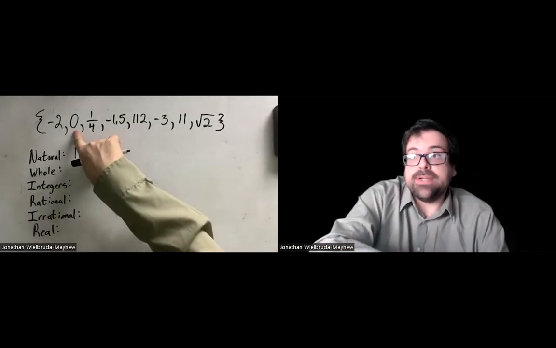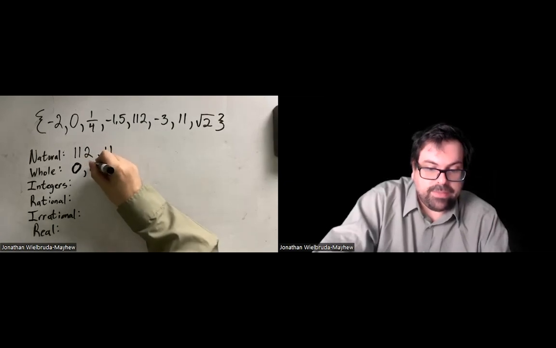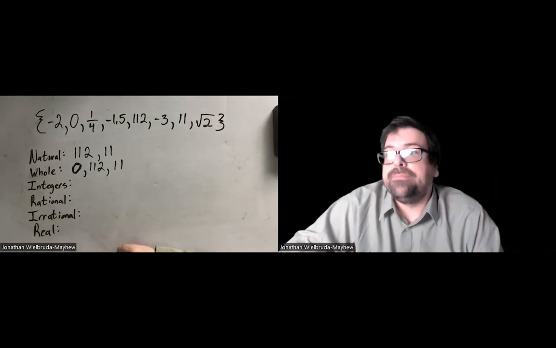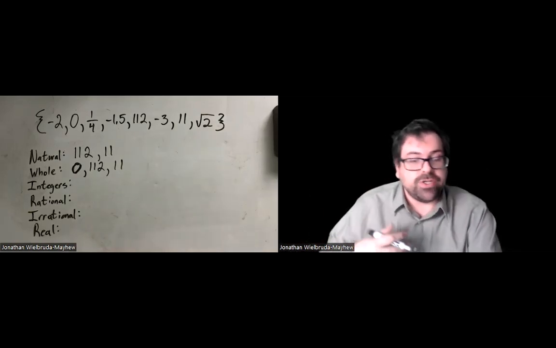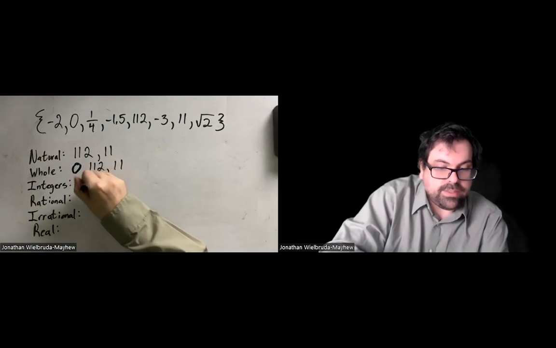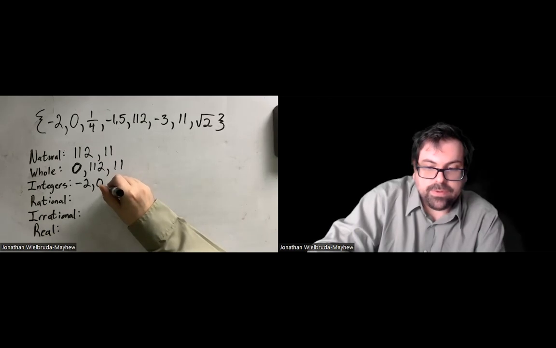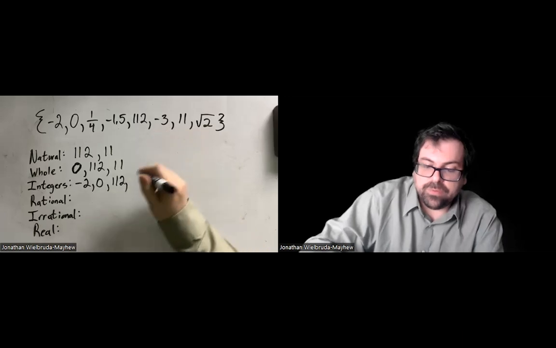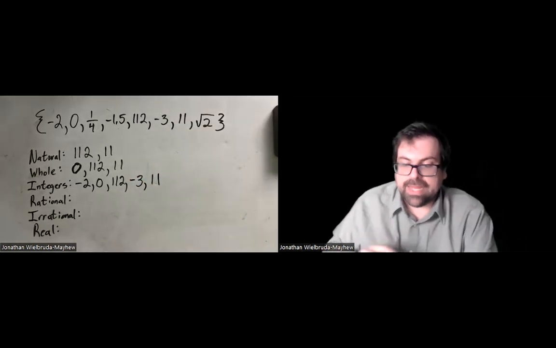And there is 0 in our set. So 0 is a whole number. And then our natural numbers, 112 and 11. If we take the negatives of the whole numbers and add those in, we get our integers. -2. We already had 0. We already had 112. -3. -3 is an integer. We already had 11.